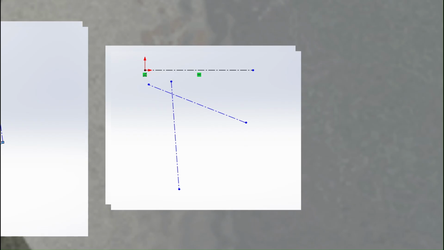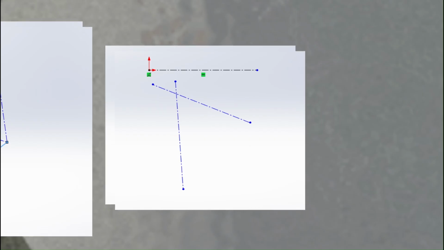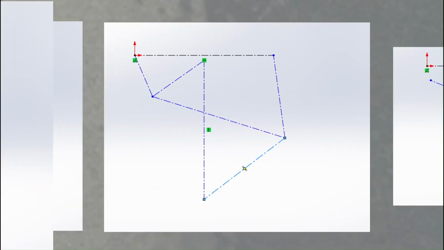Step 1 was to roughly draw the coupler of same length: A1B1, A2B2 and A3B3. In step 2 we join A1A2, A2A3 and similarly B1B2, B2B3.